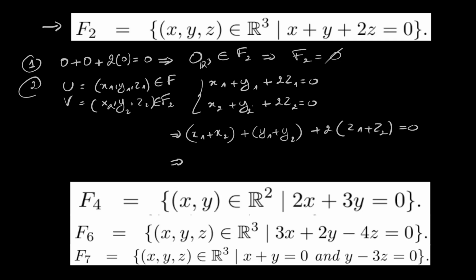Then the sum of our vectors u and v is in our set F2.